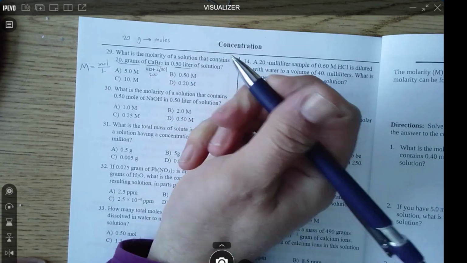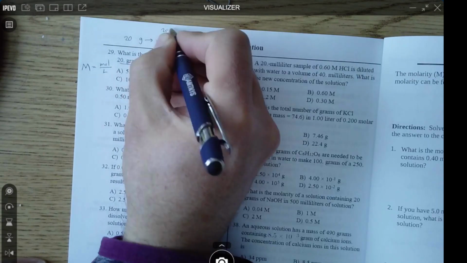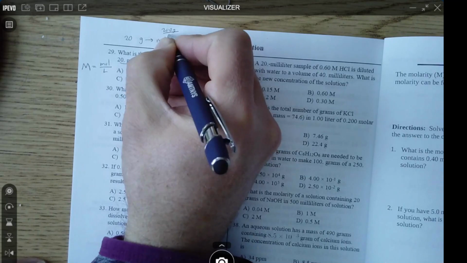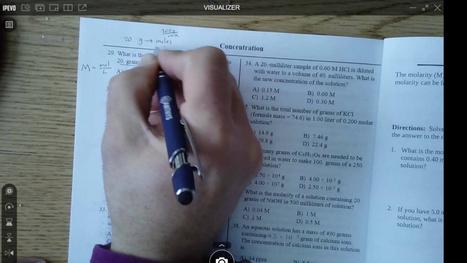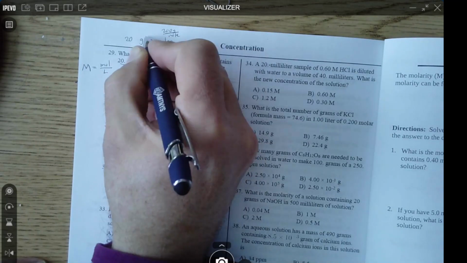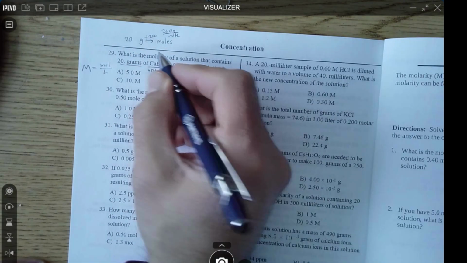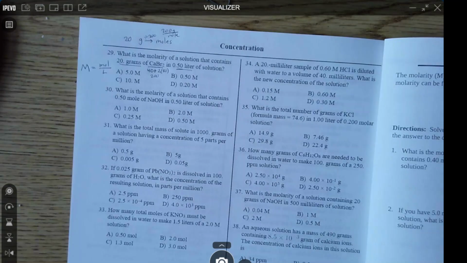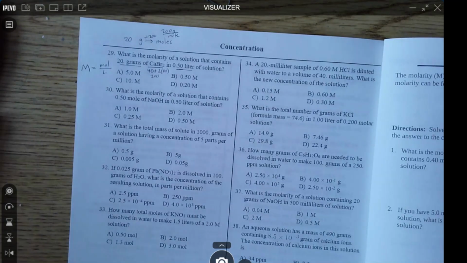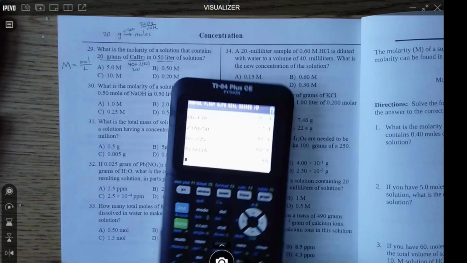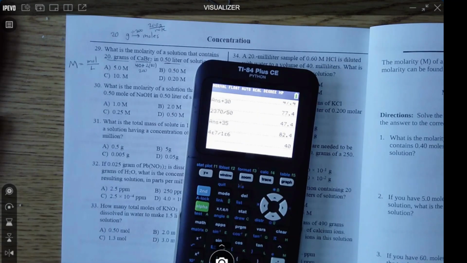So there's 200 grams per mole. You'll notice we're going to have to divide by 200 to get the number of moles. I'll try to do every step on this problem, just in case someone has trouble. We're going to take 20 divided by 200 grams per mole.